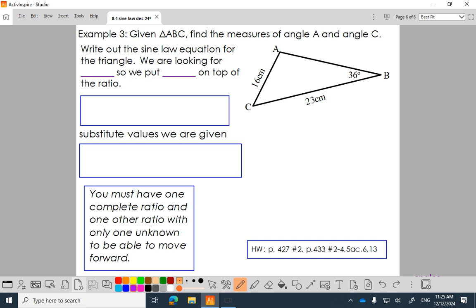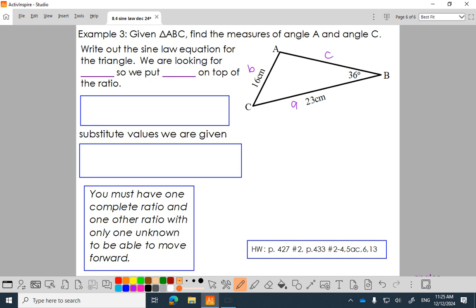Okay, so we need to label the angles, sorry. What is 16? Side B or side C? B? And what is 23? A? Took the words out of my mouth.